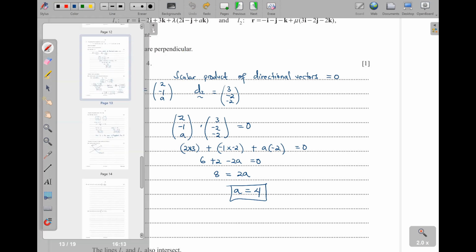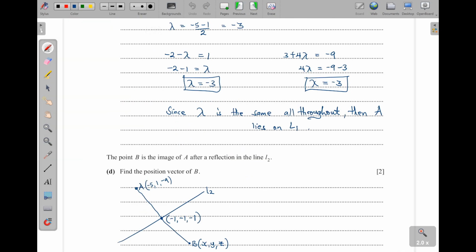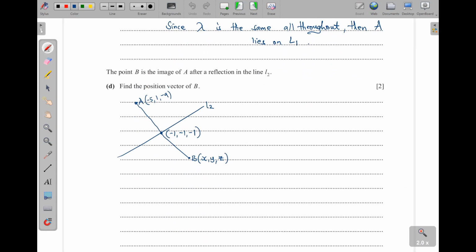So when I go back here, my P is the midpoint of this line AB. It is the midpoint of this line connecting A and B. So for me to get this, I'm going to use the principle of finding midpoints.